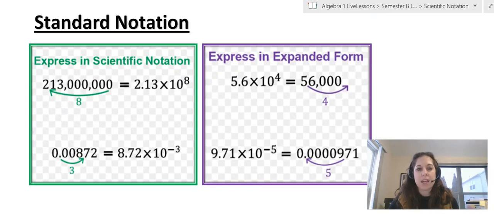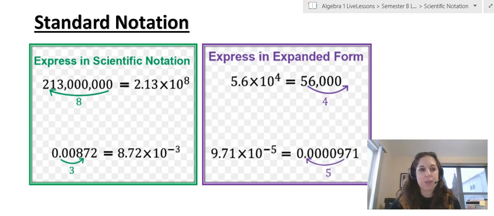So let's discuss how to go back and forth between standard notation and scientific notation. So the number is either written really large or really small, and we're going to change it to be in that power of 10. So if we have the number here, 213 million, we want to write that in scientific notation.